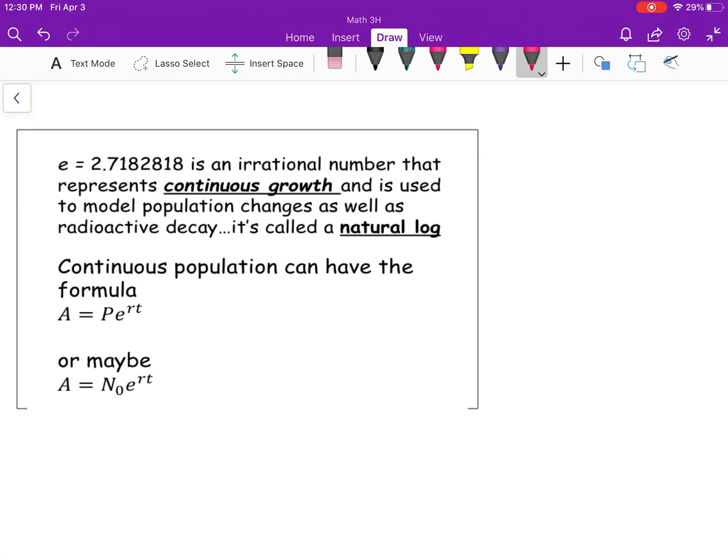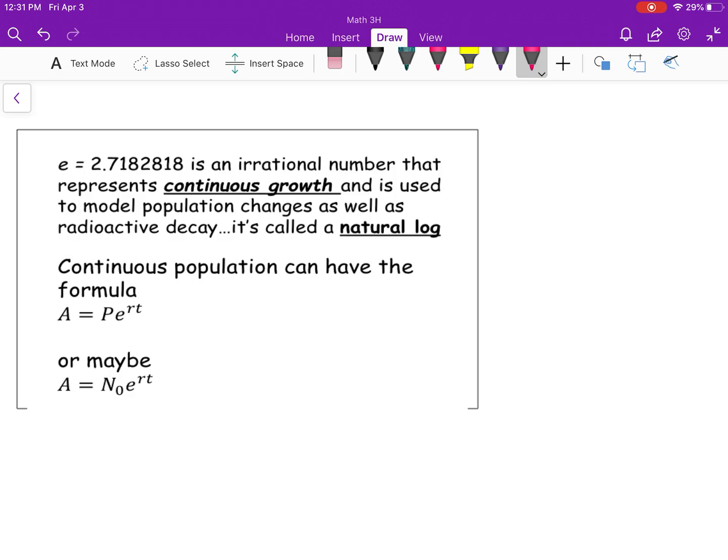We're also going to get into continuous growth, continuous population, or continuous bank accounts. We haven't really talked about a natural log yet, but the inverse of an exponent is a logarithm. You know how we use pi? Pi is 3.14, which is the circumference over the diameter of a circle.